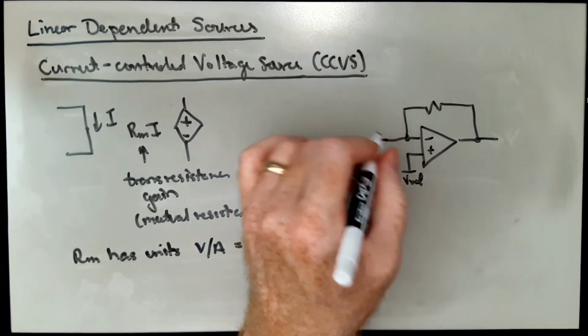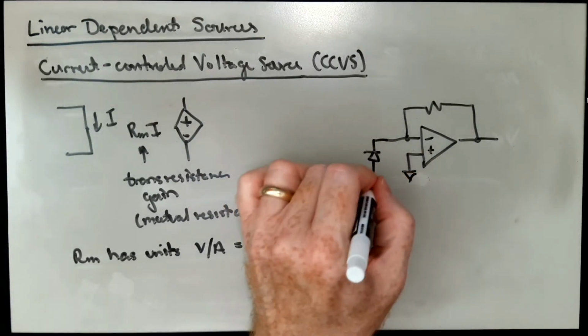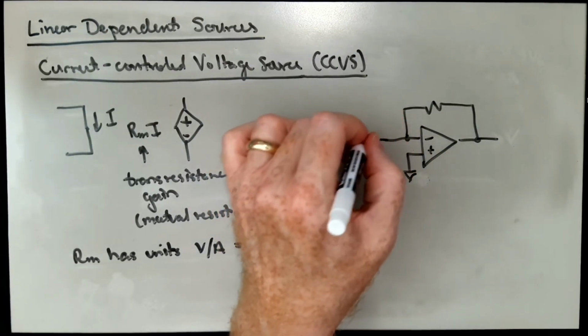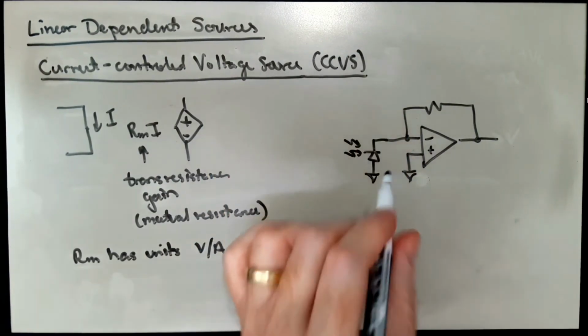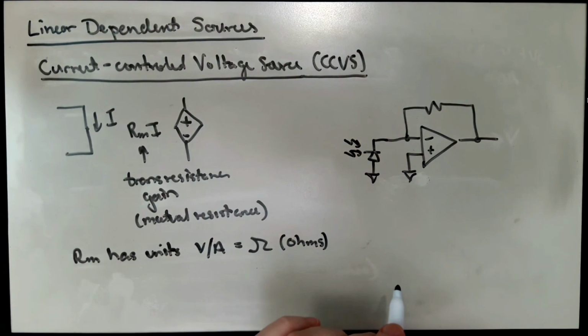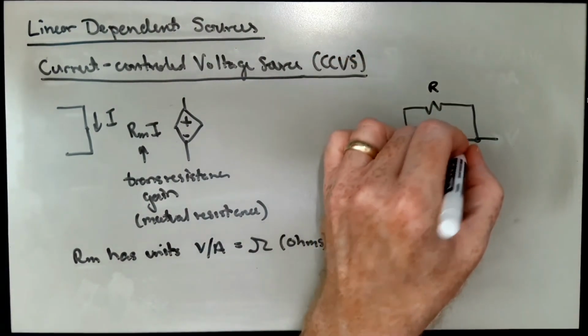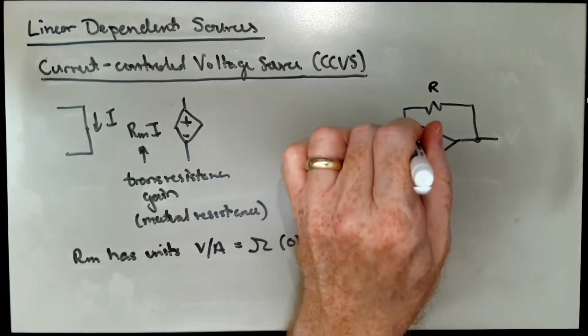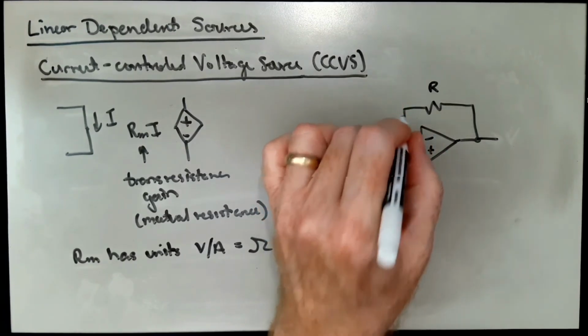Actually, this is probably ground. There was some light shining into the photodiode, maybe through your finger, and there was some resistor here, and the op amp held this input node V minus at about 0 volts.